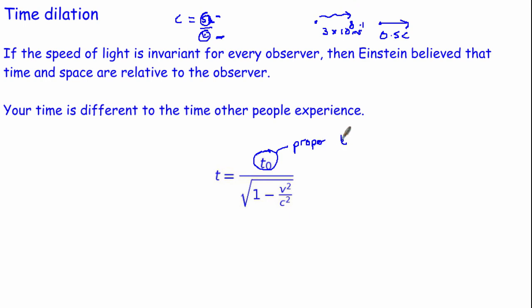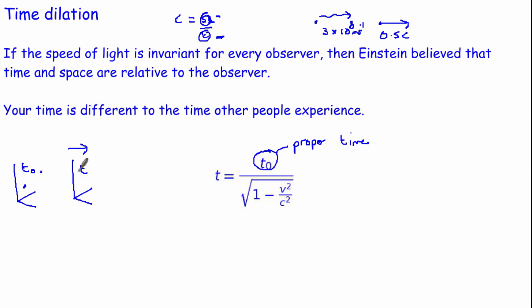And the tricky bit with this is making sure that you're always dealing with the proper time rather than the one moving compared to what you're moving. So if you think about your inertial frames of reference, your torch is just sat there. And so the time in this particular frame is your proper time. This t here, if we go back to our other frame, if we imagine the person on the bus, is what they're going to measure, and it's potentially going to be different to the proper time if this bus is moving incredibly quickly.